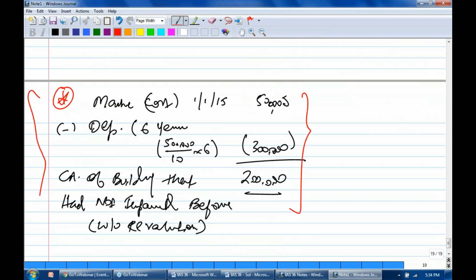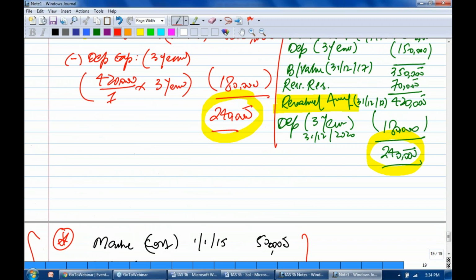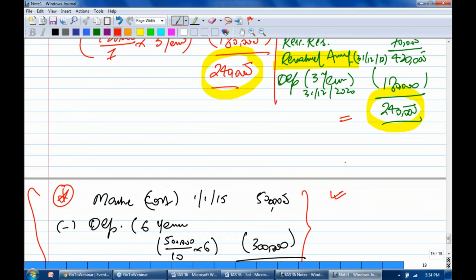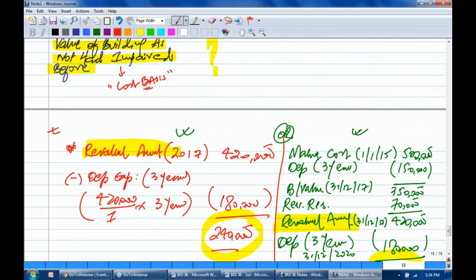What is the difference between this cost based working and this revaluation based working? Of course, the difference is the revaluation. So candidates, it's a clear difference.